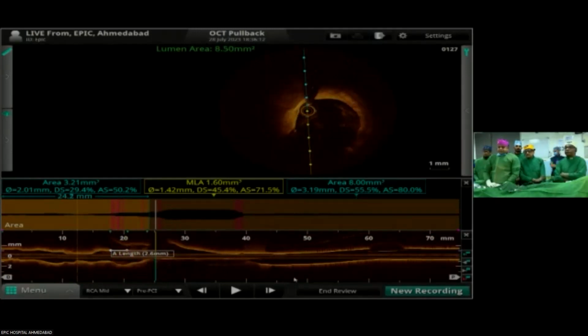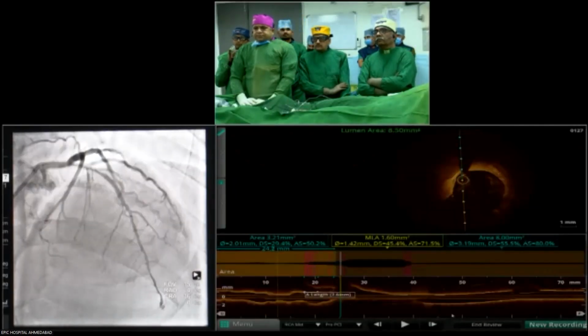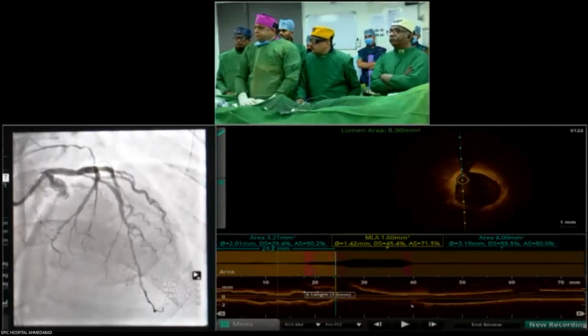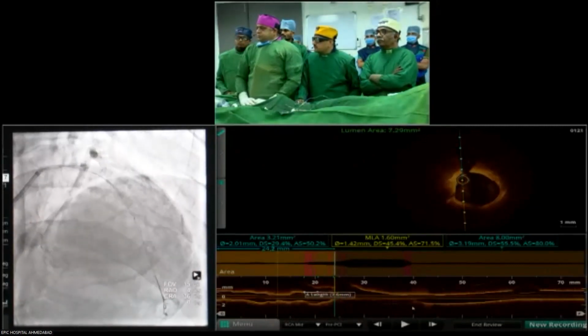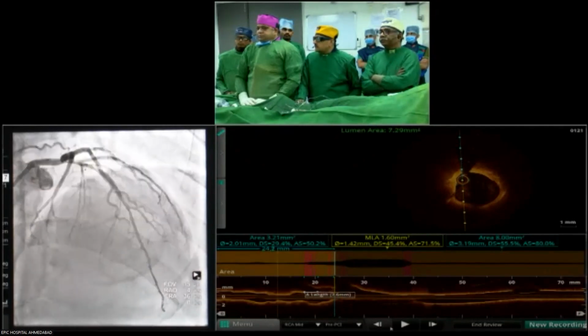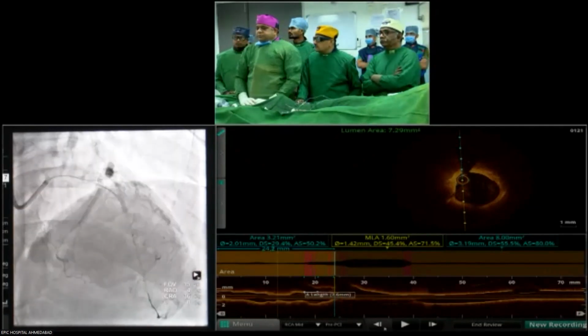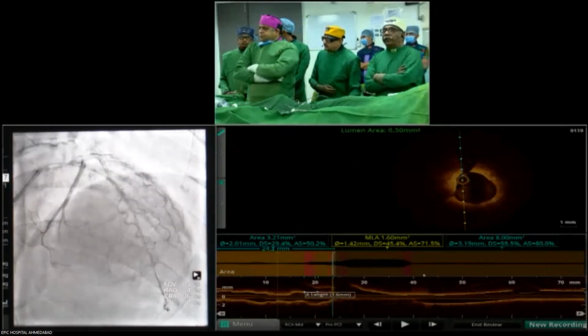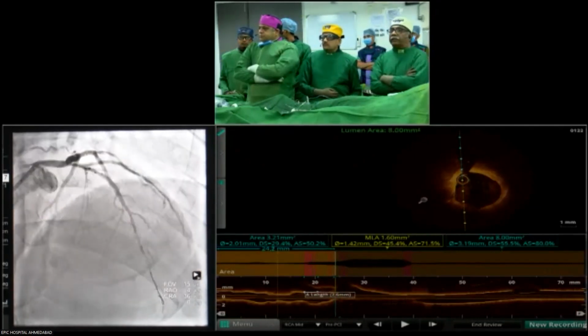What do you suggest? Can you show us what is at the ostium of the LAD? Yes, please show the OCT. How much is the plaque burden there? Just focus on the ostium. And this OCT run is without pre-dilating the ostium? Yes, after the wiring, we have taken the first OCT picture.